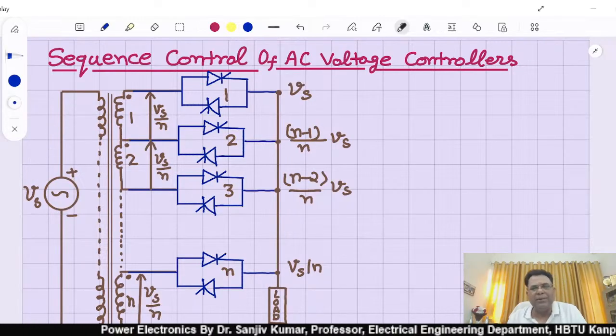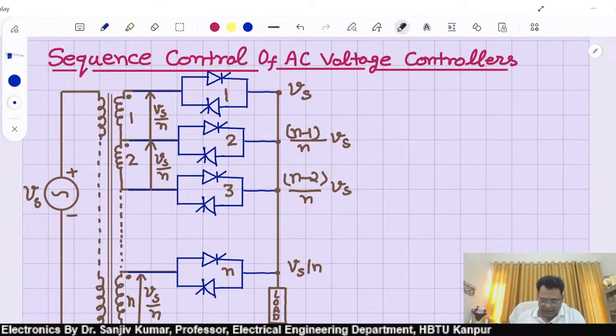All these things are very elementary and I hope you understood this.